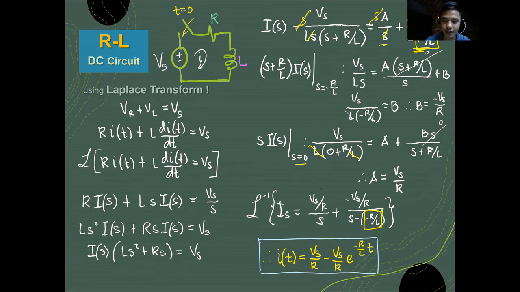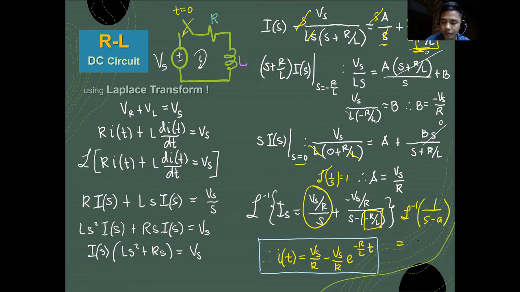If you notice, this is Vs over r times 1 over s, and if you take the Laplace inverse of 1 over s, it is equal to 1. That's in the table.